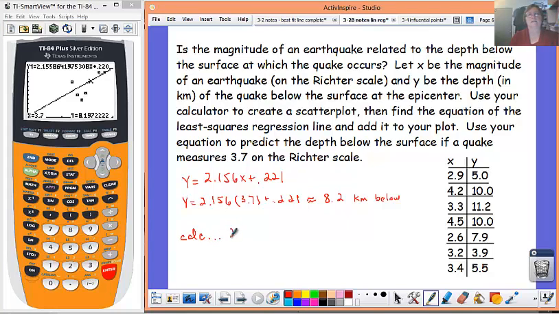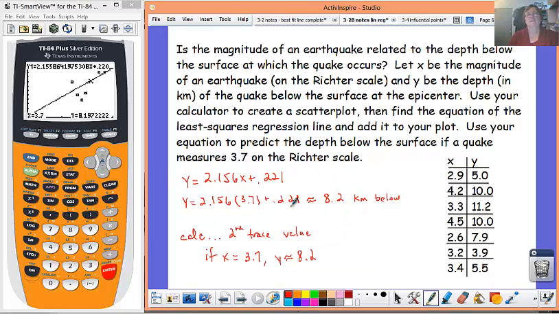We did second, trace, and value to enter an x value. It says that when x is 3.7, y is about, well geez, look at that, 8.2. Okay, both ways work fine.